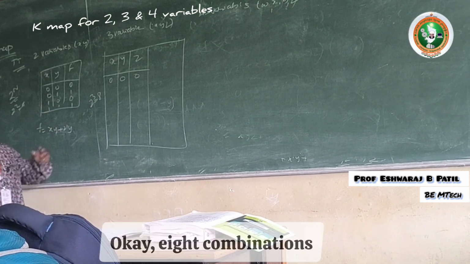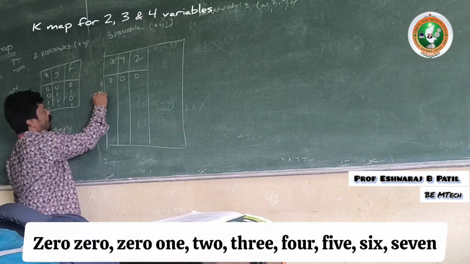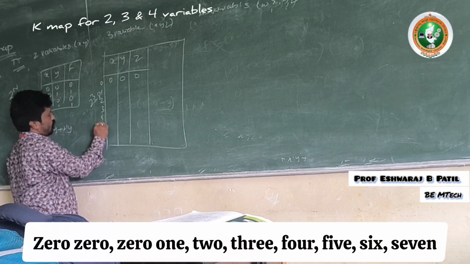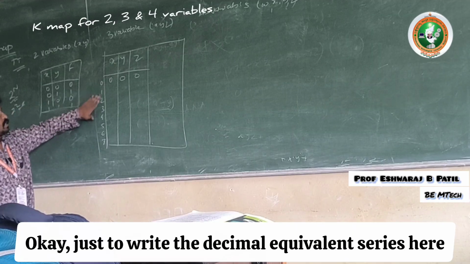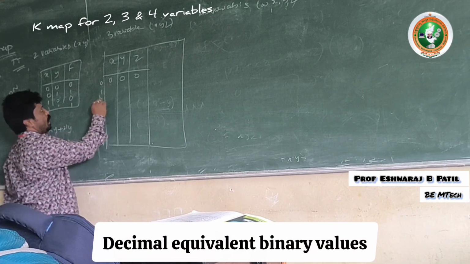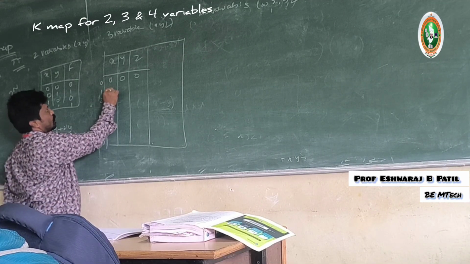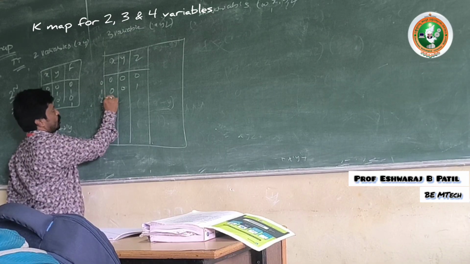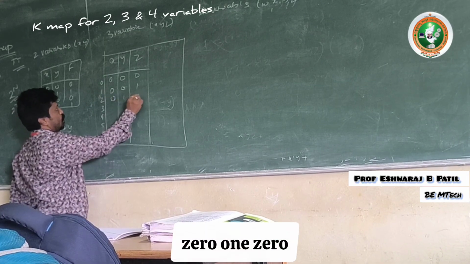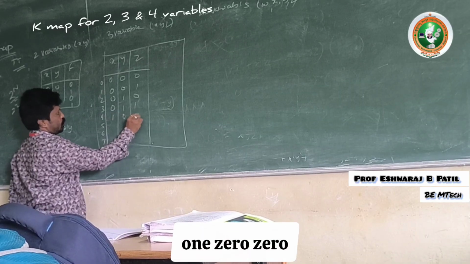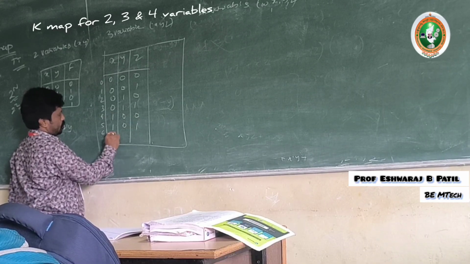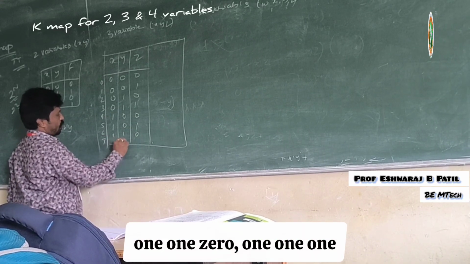Decimal equivalents 0, 1, 2, 3, 4, 5, 6, 7, with binary values 0 0 0, 0 0 1, 0 1 0, 0 1 1, 1 0 0, 1 0 1, 1 1 0, 1 1 1.